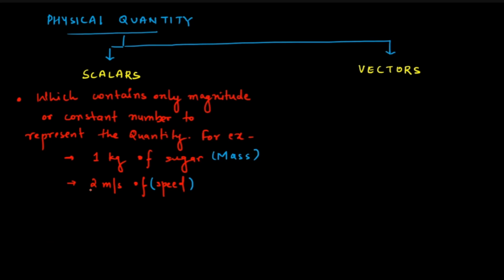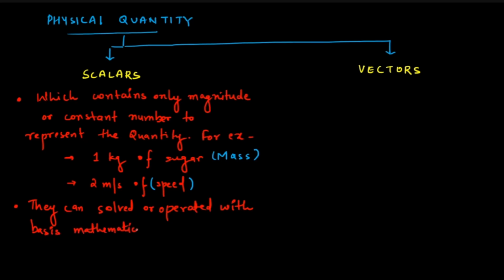Here, the most important point is that when we are talking about scalars, they can be easily solved, or operated, using basic mathematical operations. And these basic mathematical operations are addition, subtraction, multiplication, what we have learned so far till this grade.